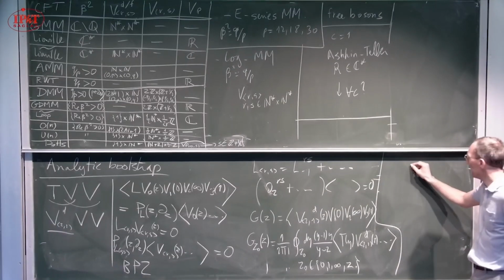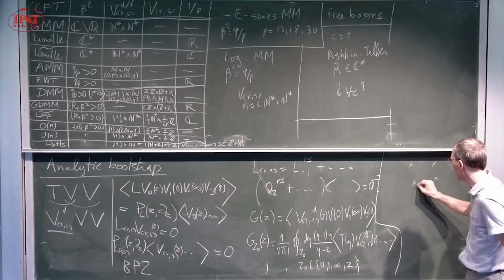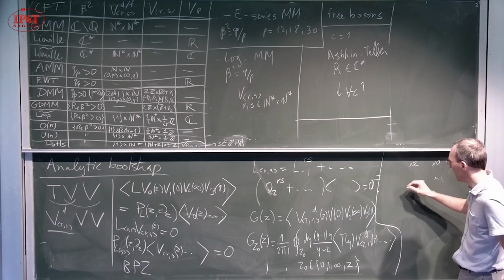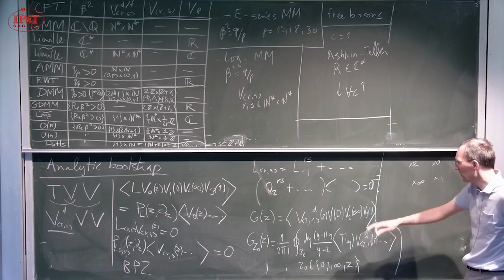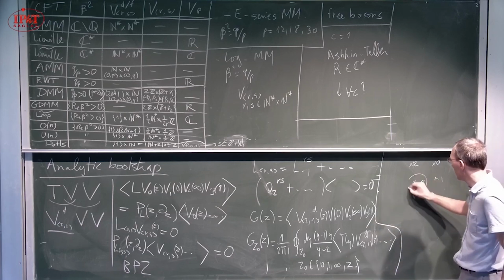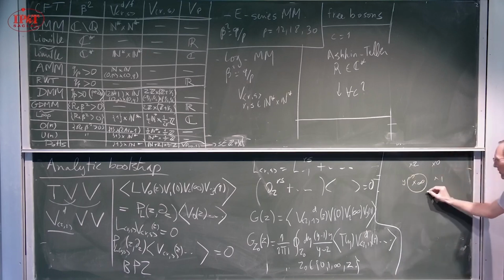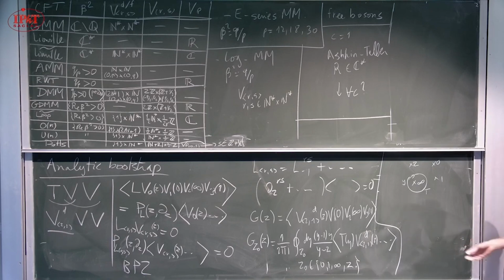So basically I have my 4 points here, z, 0, 1, infinity, and I'm adding some contour integral over y around one of these points, and on the contour we have T, the energy momentum tensor. Okay, so since we're on the sphere, we have a relation between these objects.